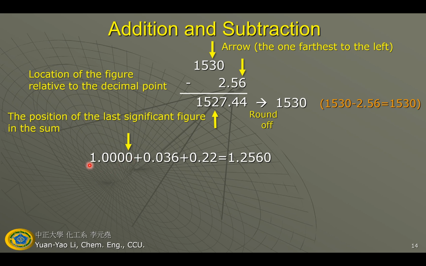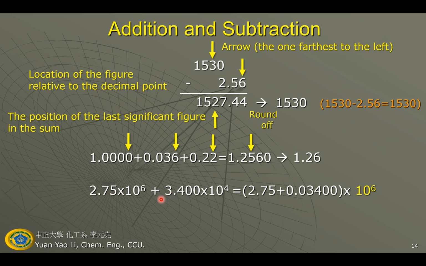Here, significant figures 5. This is this one, and this is this one. So you need to choose the uncertain digit closest to the left-hand side. So this is the one, so the precision will be here. So the significant figures should be 1, 2, 3. This one, and this one is rounded off. So the answer you will get is 1.26. Okay?